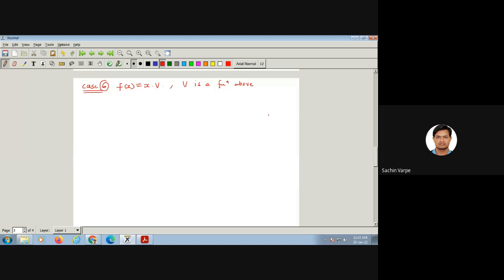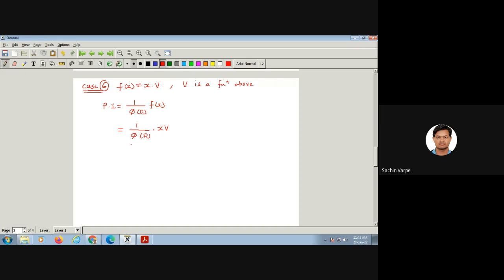So in this case the particular integral is 1 upon phi of d f of x, where f of x is x into v. So we write f of x there: 1 upon phi of d into xv, where v is any function of x.